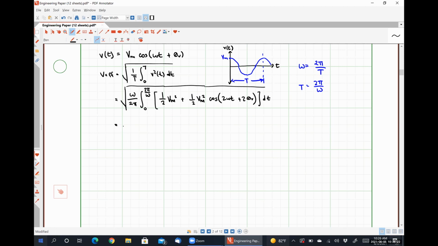And now what I'm going to do is break that integral up, much like we did when we were calculating the average power.